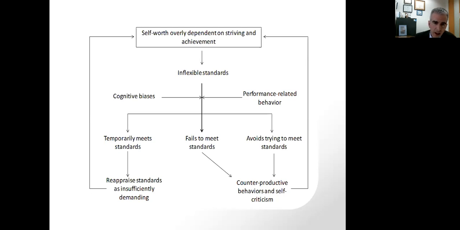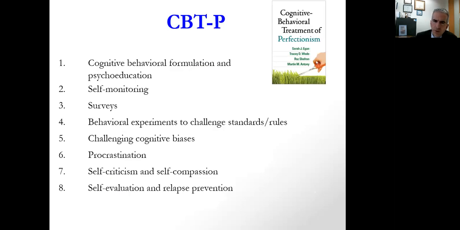First, we try to identify what the rules and standards are. We work with them to get a better understanding of what other people do, other people you respect. So we'll talk about surveys in terms of how other people handle their work, their school, or work in the office. And then we will work through behavioral experiments in order to challenge these rules and standards. Number two, self-monitoring is an important part of this.